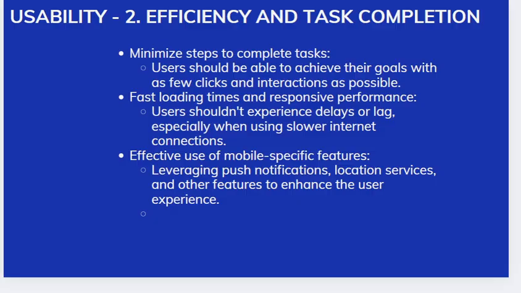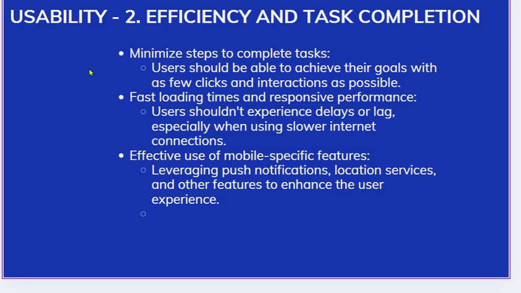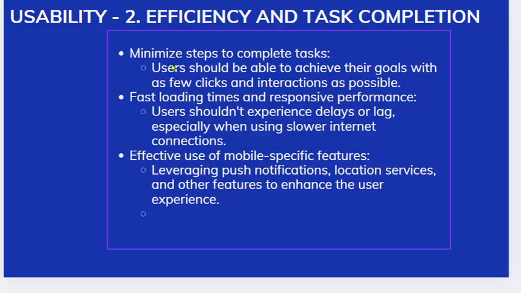Okay, next we can focus usability on efficiency and task completion. For a mobile app, we want a minimum number of steps to complete any task. If it has, let's say, only 3 steps, then it should be okay.